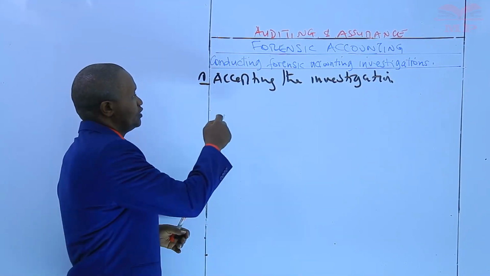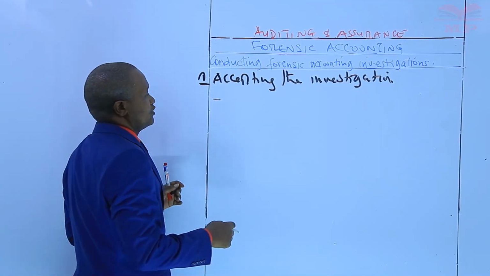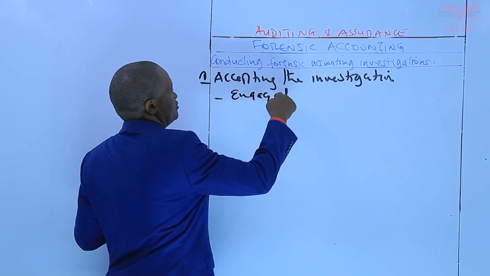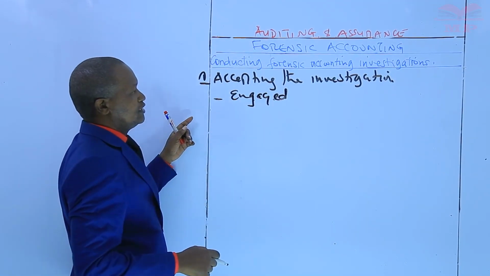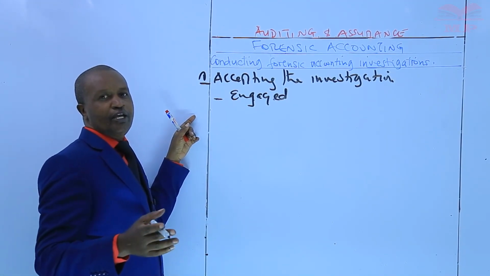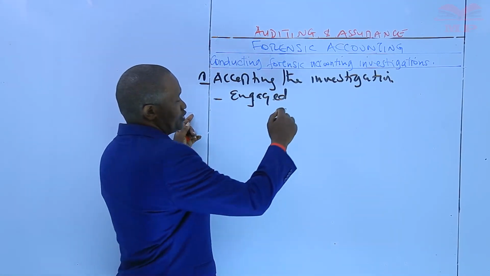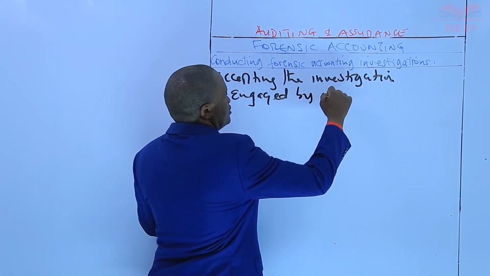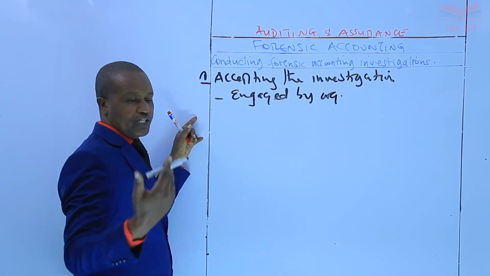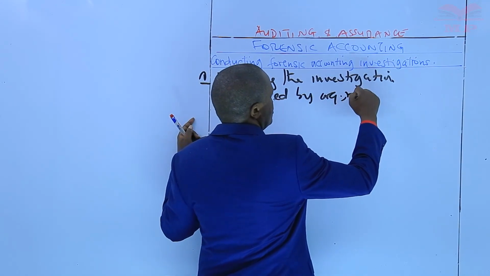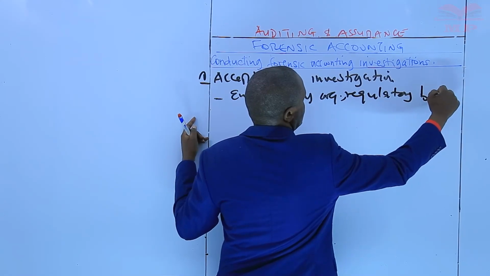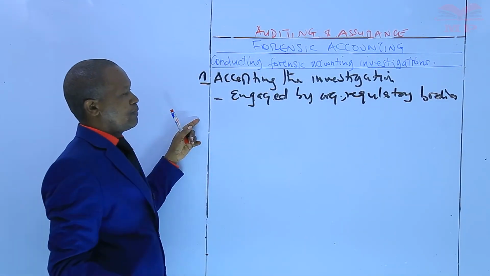So first of all, the forensic accountant is engaged, and as I've said, may be engaged by organizations and may be engaged by regulatory bodies and so on.